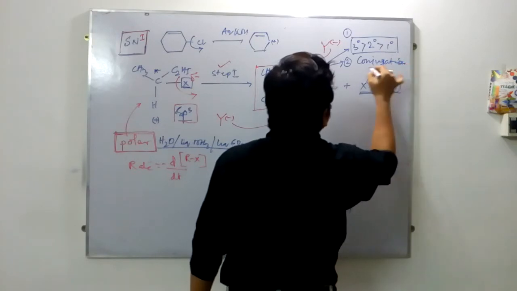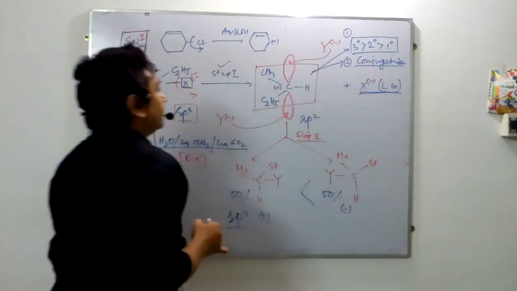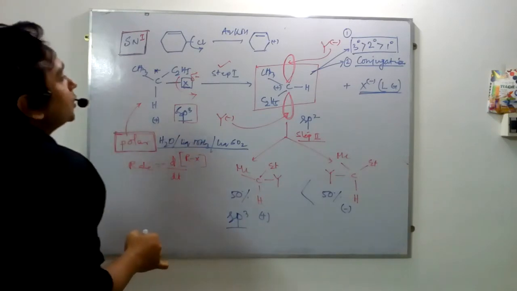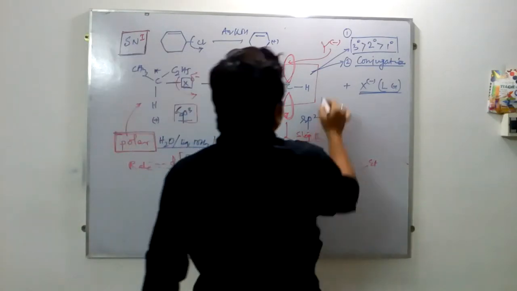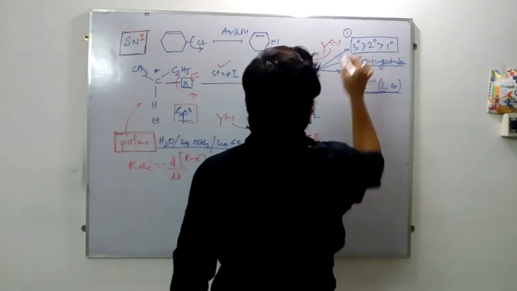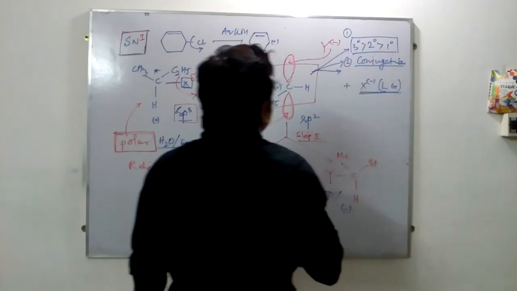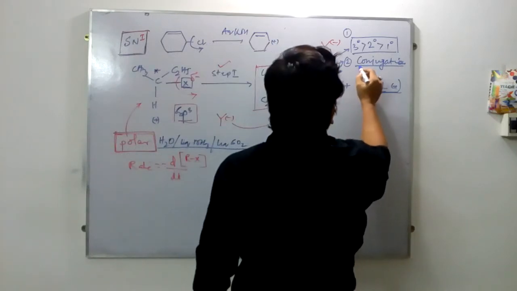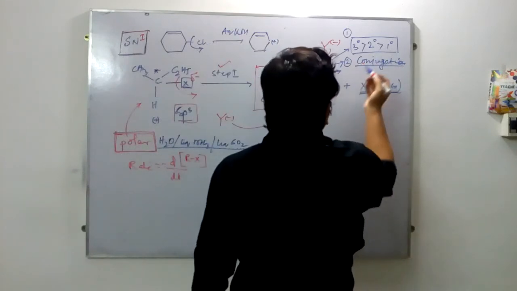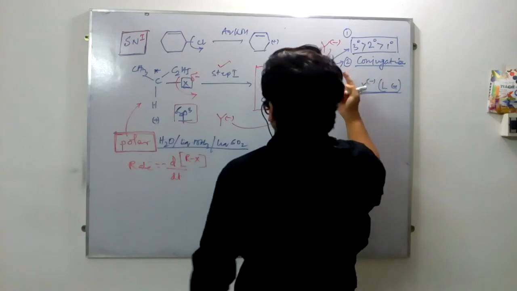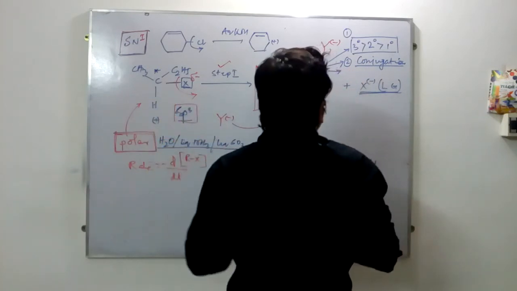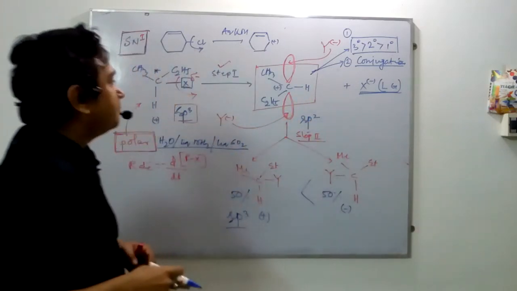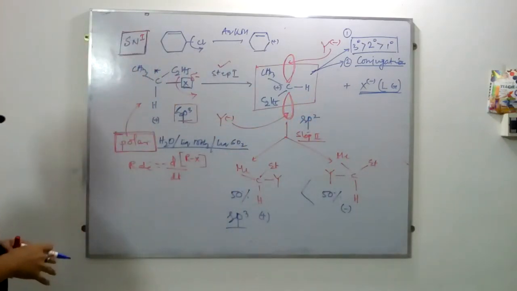Conjugation will increase the stability of the carbocation. And moreover, one more thing we need to discuss, this is resonance. The resonance stability has already been told in context of hyperconjugation. So conjugation and the structural phenomena will guide how stable the carbocation is. Okay, so the stability of the carbocation is a very valid point for understanding SN1.